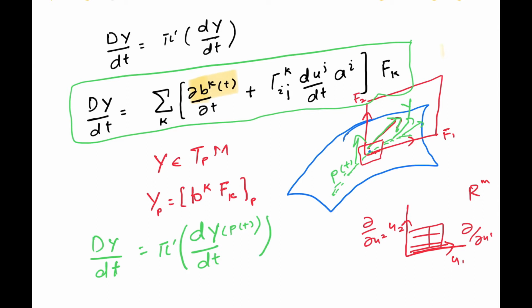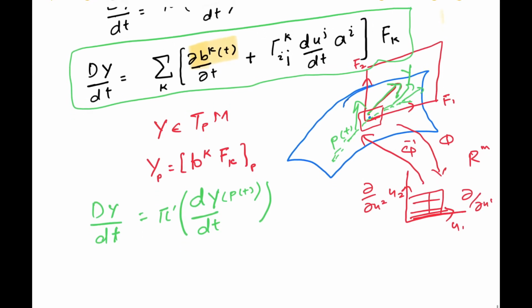And the map from the manifold to this Rm is phi. We have done this in detail in the last lecture, so you can view that lecture for further details. And this is phi inverse. So phi is actually a diffeomorphism between Rm and the manifold.